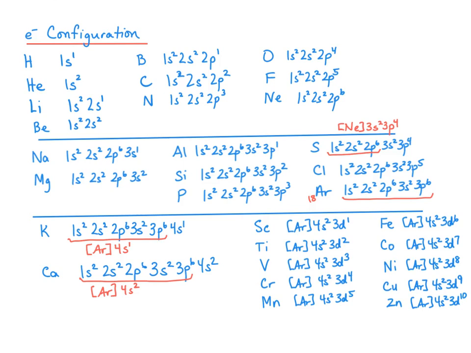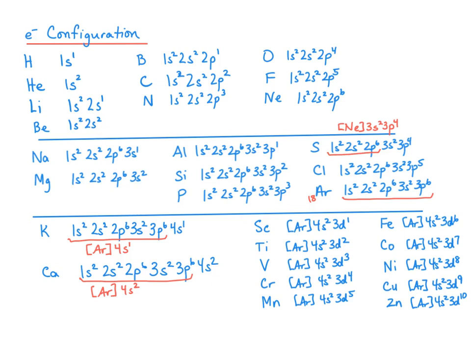Okay, hopefully you've noticed that they all have an s1 ending. All right, go ahead and find the configurations for beryllium, magnesium, and calcium. What do you notice about the beryllium, magnesium, and calcium configurations? What do they have in common? Okay, hopefully you've seen that they have s2 endings. s2, s2, s2.